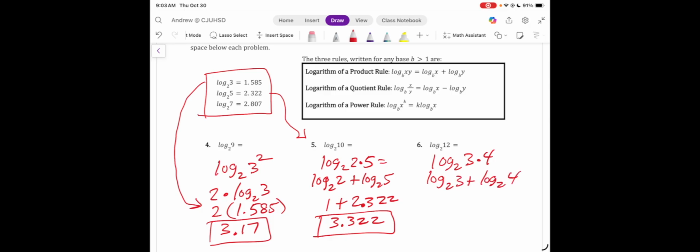Log base 2 of 3 is given as 1.585, and log base 2 of 4, 2 to what power is 4, is 2, so this is 3.585. So it's just kind of a game, trying to figure out how you can break down the numbers.